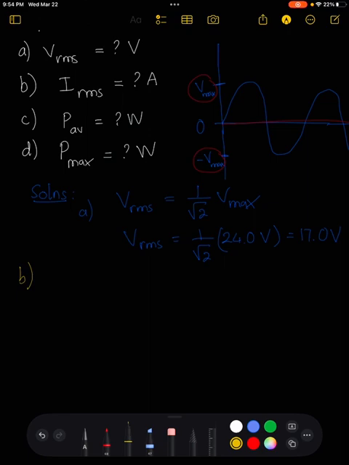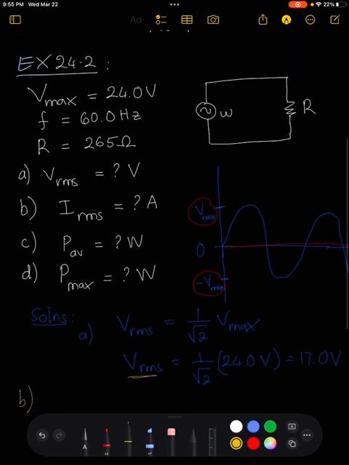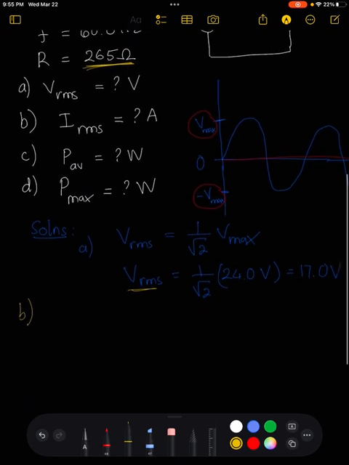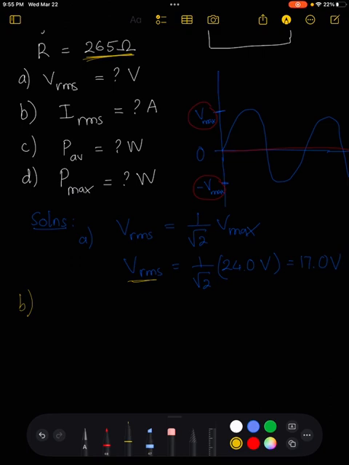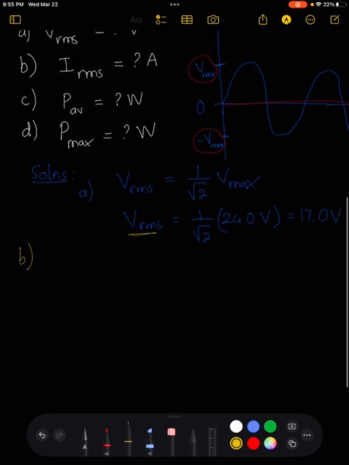Once we know Vrms, can we find the current? The root mean square current. We got the root mean square voltage, right? We got the resistance in the circuit. Can we find the current? The answer is yes, using Ohm's law. Based on Ohm's law, we have I equal to V over R, right?